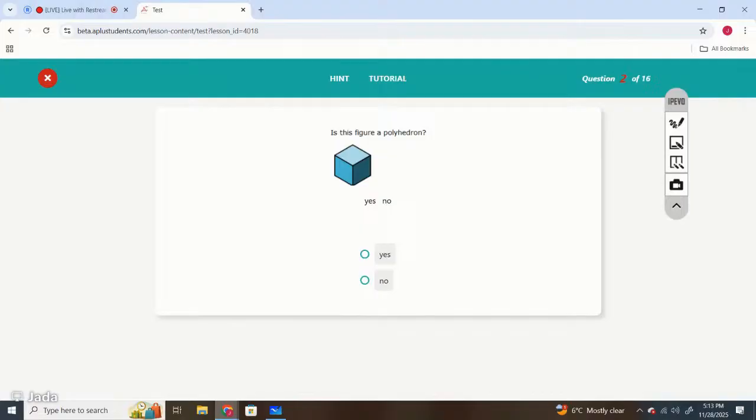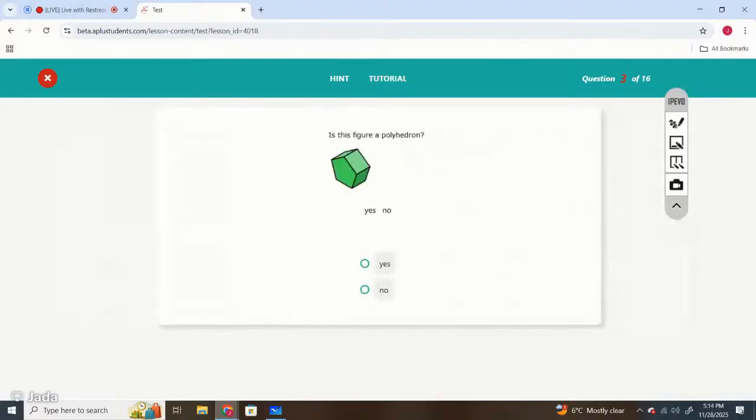Polyhedron means the shape is a cube and it has 6 faces. All the faces are the same, so yes, that is a polyhedron. Is this figure a polyhedron?